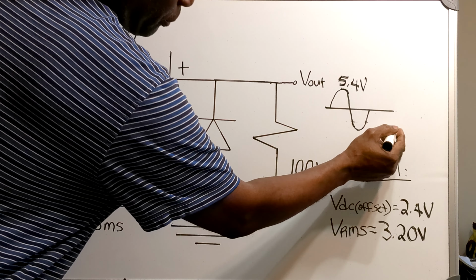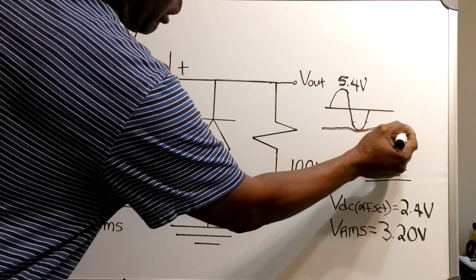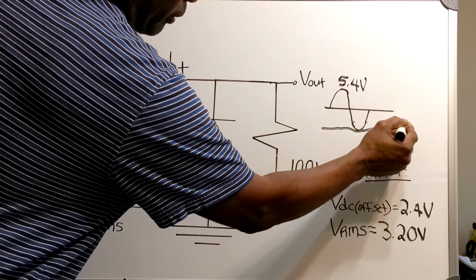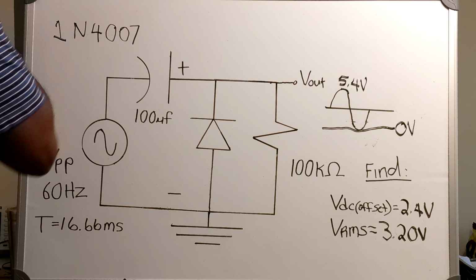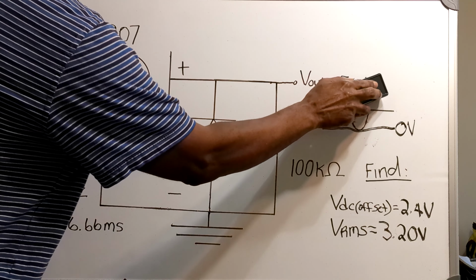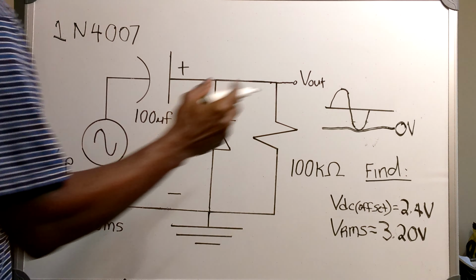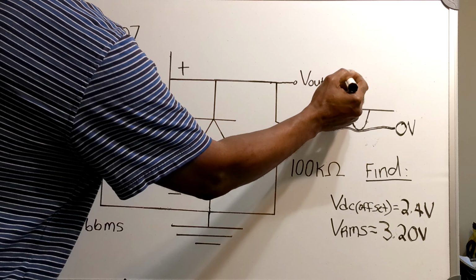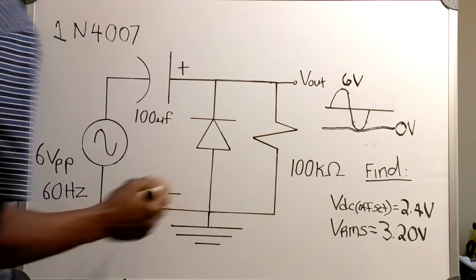So this is what I want to do. Now 0 volts is down here. And now that I've raised it up, now the peak here is 6 volts.